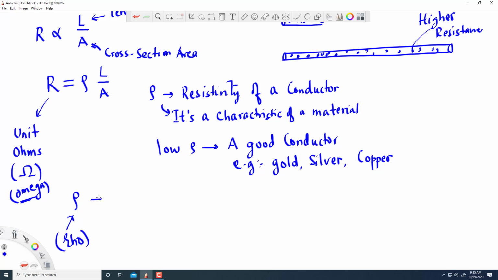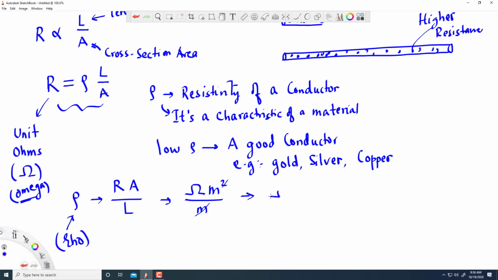So, what's the unit of rho? Rearrange this. If you rearrange this, what do you get? It would be R, and this A will go on the top, and then this L will go on the bottom. So, R is ohms, A is area in meter squared, and L is length in meters. So, meter and meter cancel.